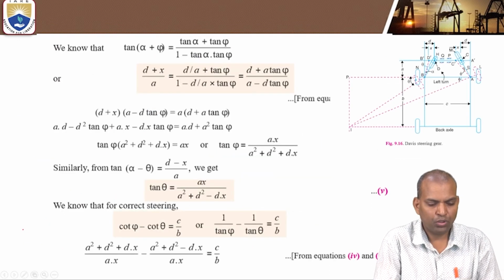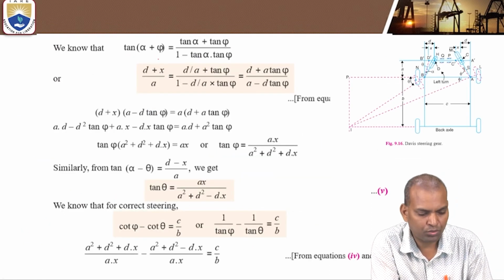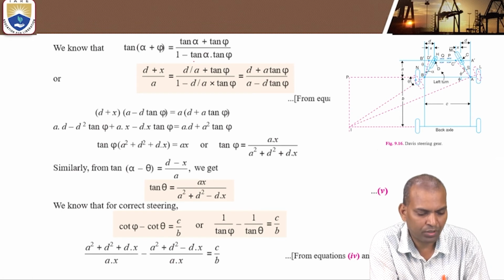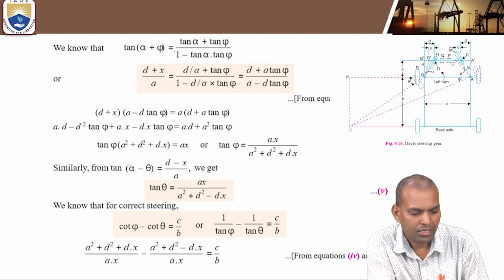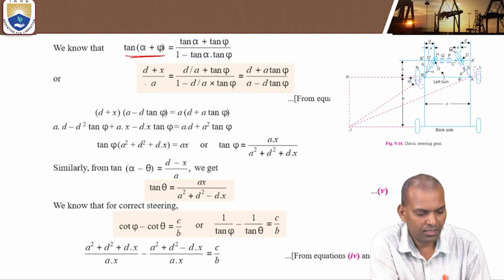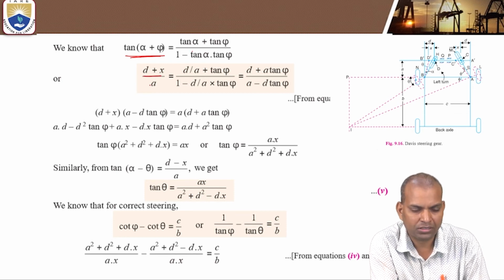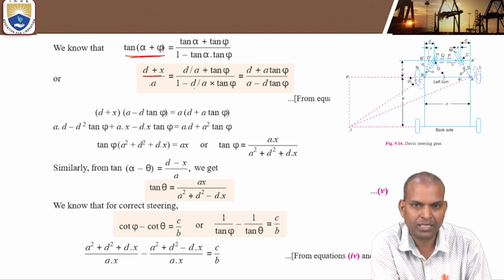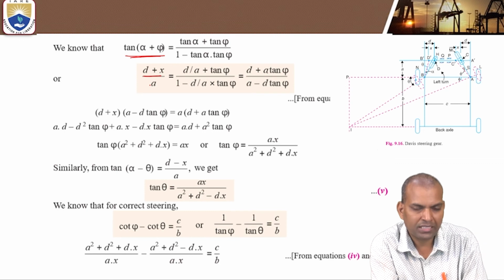Then we know that tan alpha plus phi equals tan alpha plus tan phi by 1 minus tan alpha tan phi. Substituting those values into this equation, d plus x by a equals tan alpha, which we got as d by a, plus tan phi by 1 minus d by a times tan phi. The final answer becomes d plus a tan phi by a minus d tan phi.